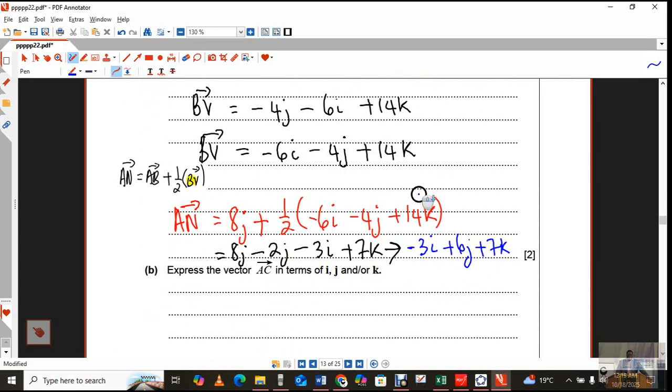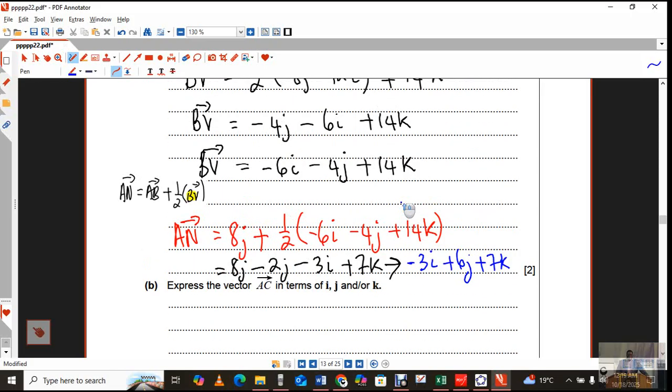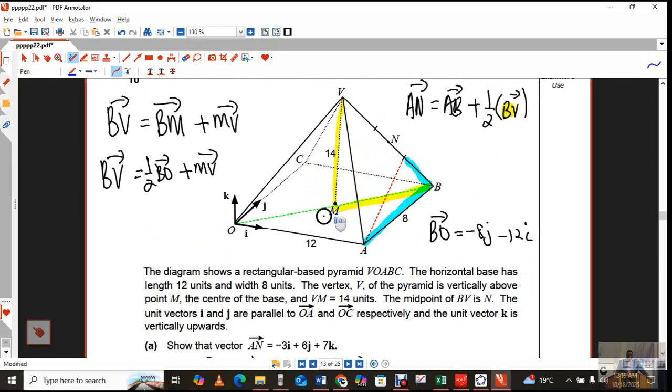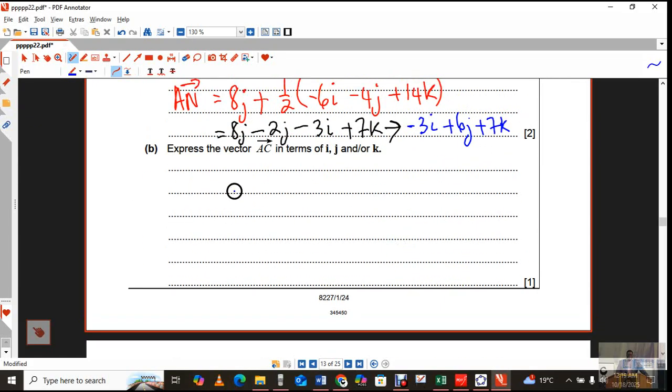Okay, then they say express AC in terms of I and J. Let's see. AC, it's from here all the way up to there. Now AC, you go minus 12I plus 8J. I hope you can see that. So we're going to have minus 12I plus 8J.